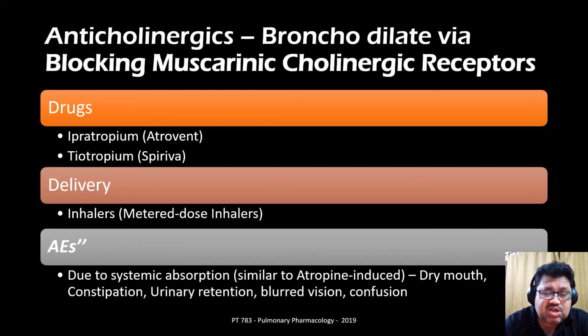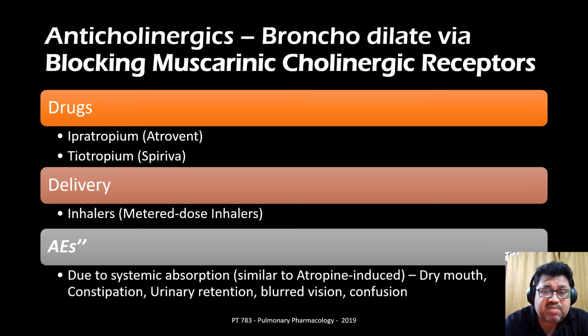That means each time the inhaler is depressed, it leads to the release of a very specific amount of drug per depression.